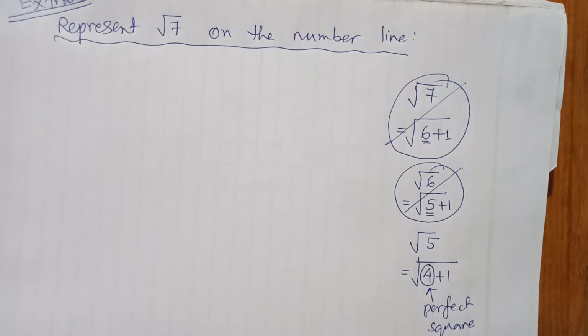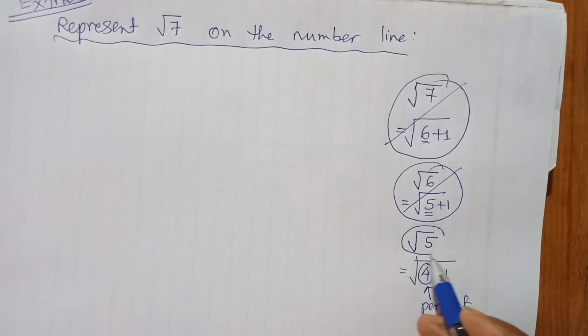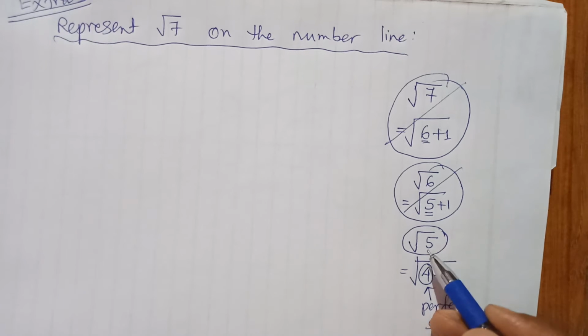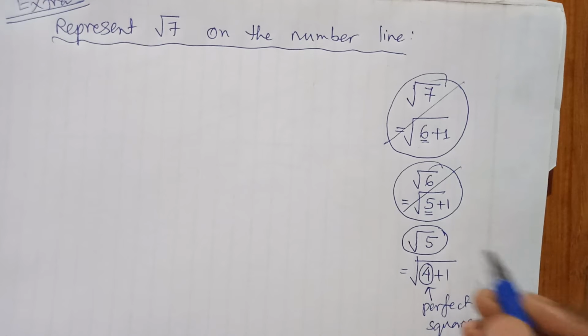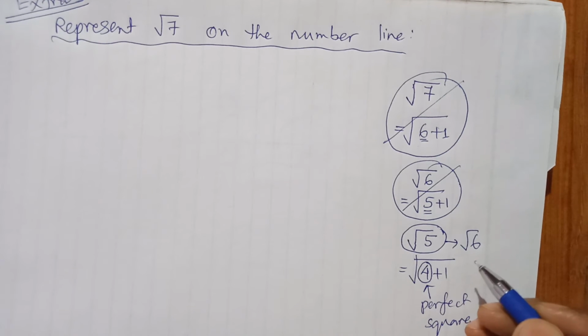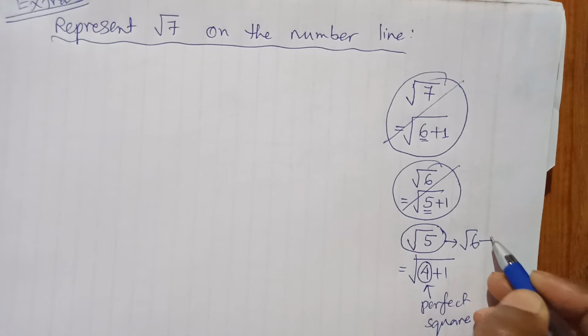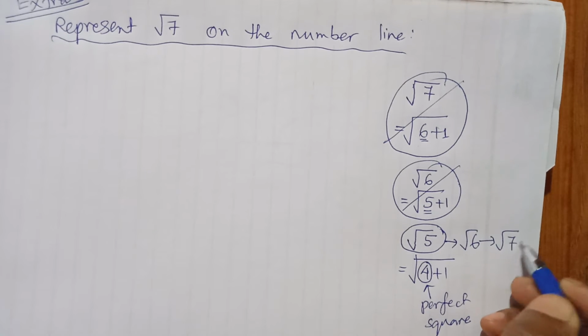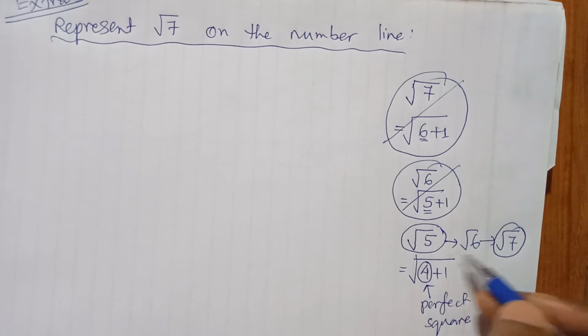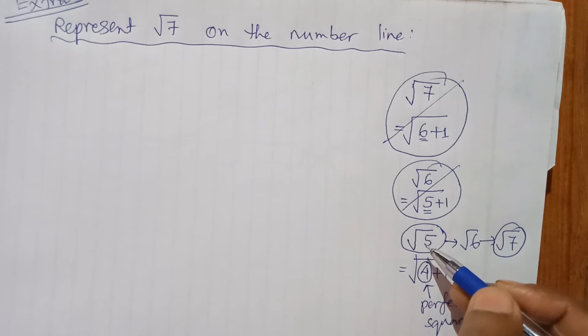So what you do? First you have to show root 5 on the number line. Then with the help of root 5 you have to show root 6 on the number line. Then after showing root 6, you have to show root 7 on the number line. So step by step you go up to root 7 from root 5.